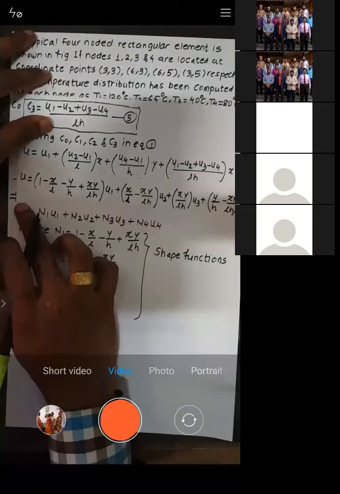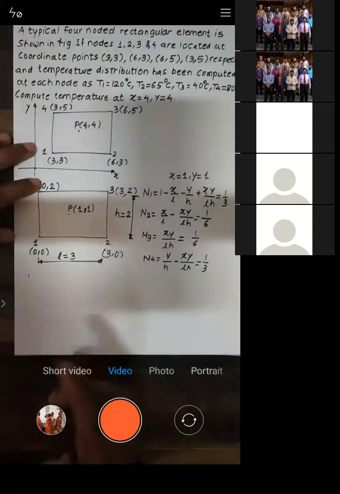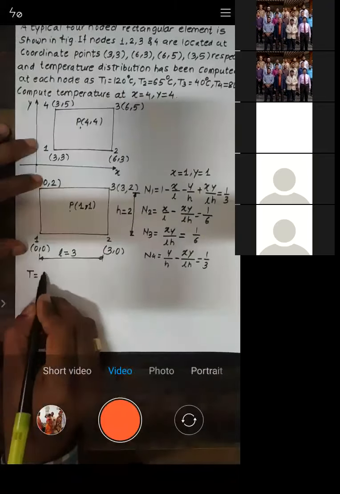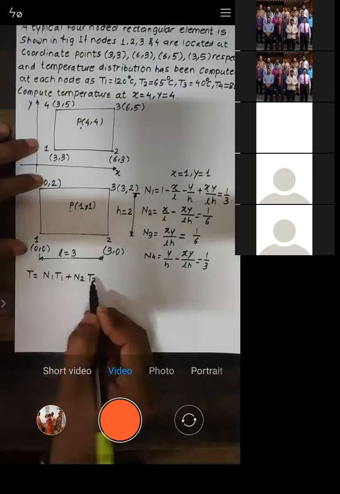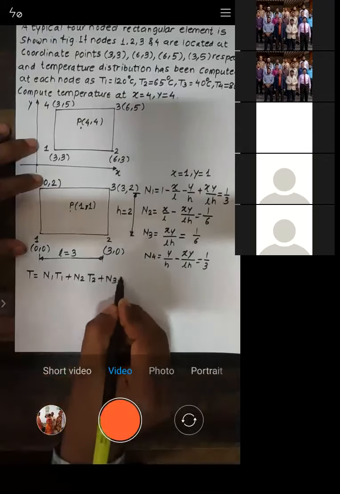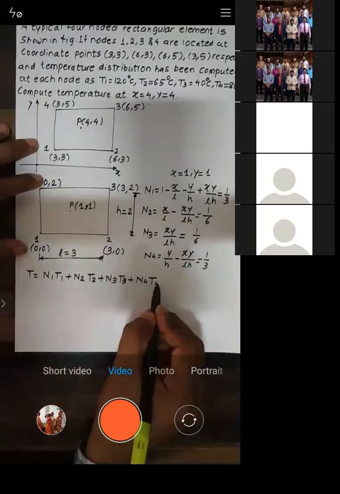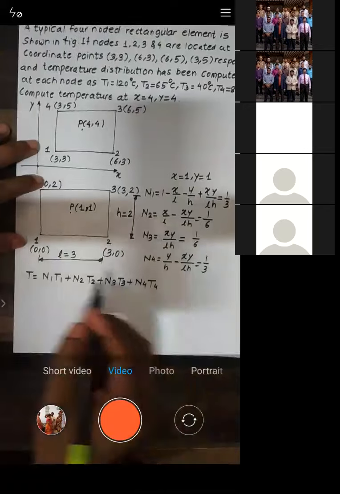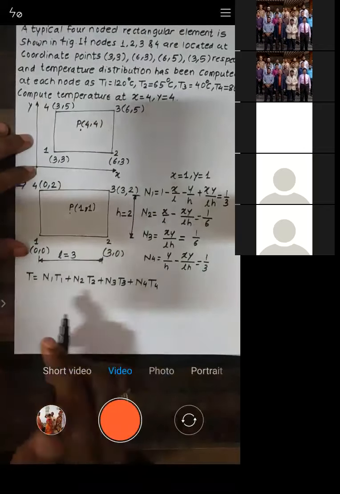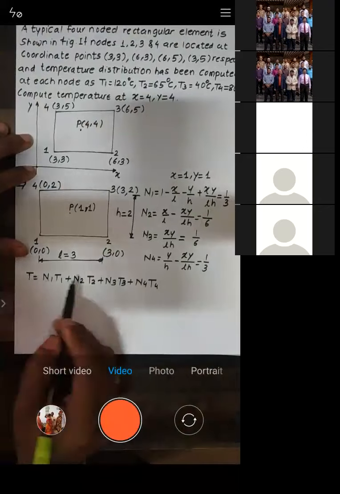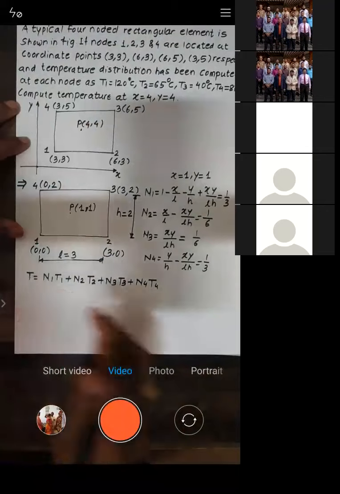So I will just replace U by T. T is equal to N1 T1 plus N2 T2 plus N3 T3 plus N4 T4. Yes or no? They're asking temperature, that's why I'm writing this as T. If they're asking displacement, I will use U. If they're asking pressure, I will replace T by P.